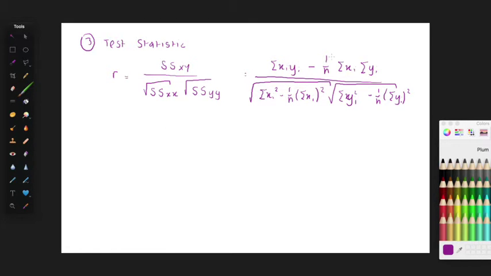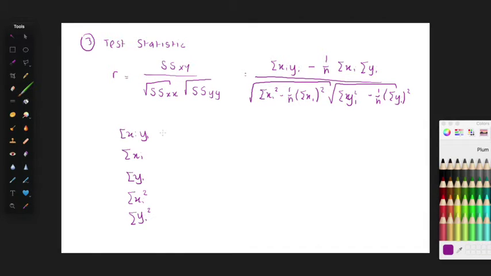Okay, so we're going to find these values obviously in the calculator using the data: the sum of xi yi, the sum of xi, sum of yi, sum of xi squared, sum of yi squared.